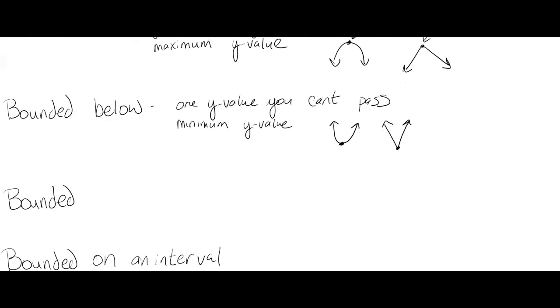Alright, and what does it mean by bounded? Well, that means that you are actually going to have two y values that you can't pass. Basically that means that it is going to be bounded above and below.